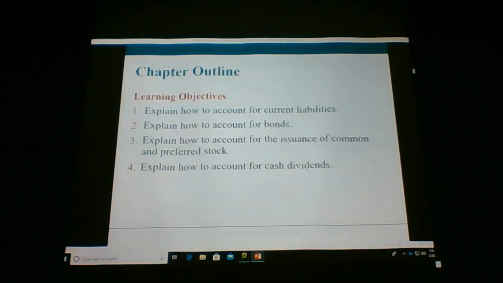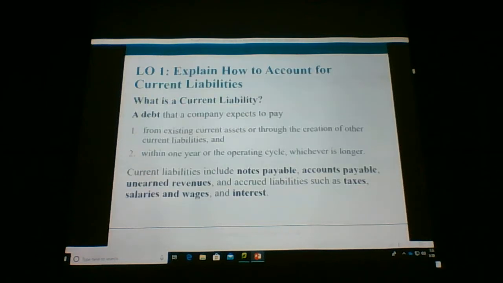And then we're also going to talk about how the declaration and subsequent payment of cash dividends impacts the stockholders' equity section of the balance sheet. Okay. So, before we can talk about, on any rational level, current liabilities, we need to understand what a current liability actually is.